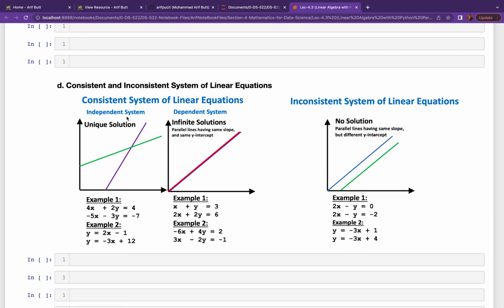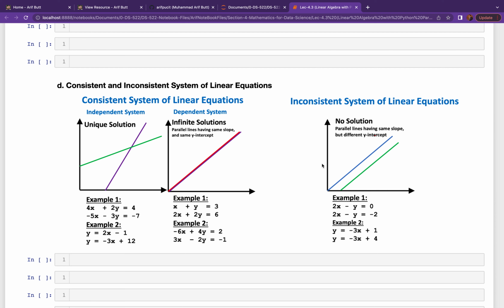The system of linear equations can be inconsistent or consistent. If there is no solution, we call the system an inconsistent system of linear equations. Note the equations have the same slope but different y-intercepts. If you draw the lines, they will be parallel, so no solution.